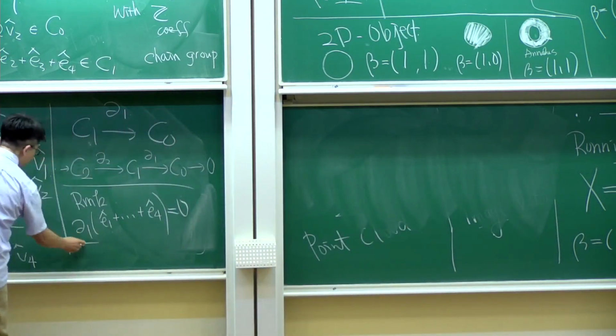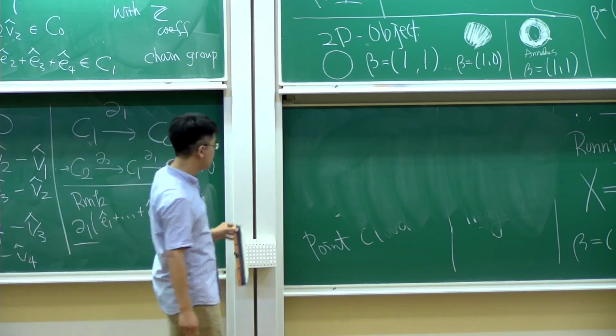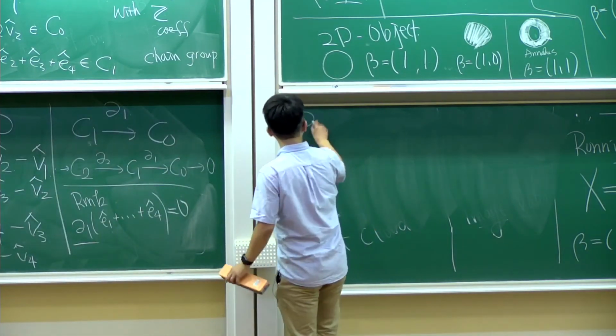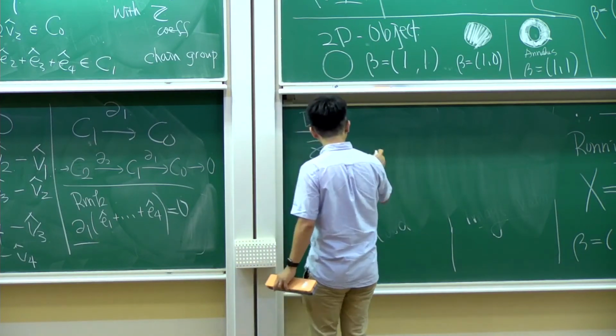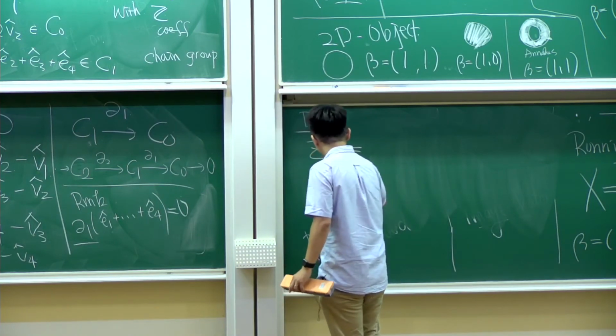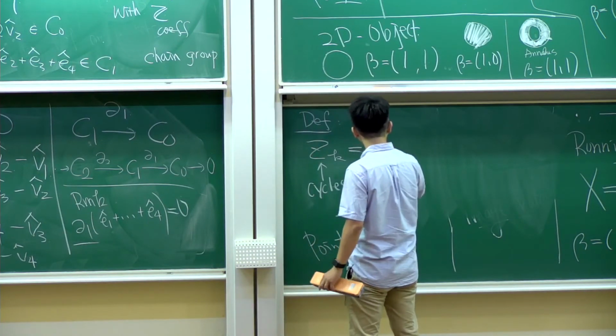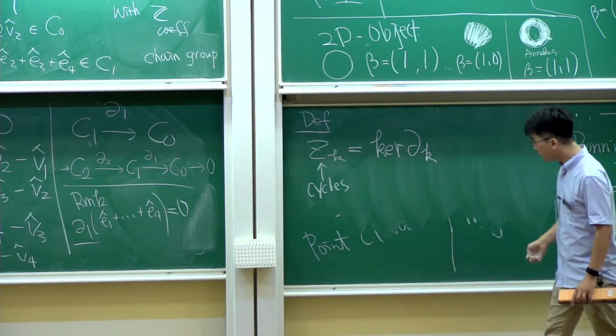You have a linear map, row 1. This element maps to 0. So here's the definition. We are interested in the cycles. This is called the cycles. This is defined to be the kernel of the boundary map.